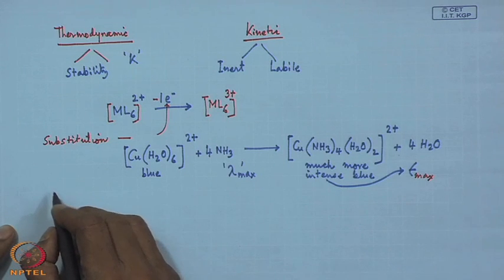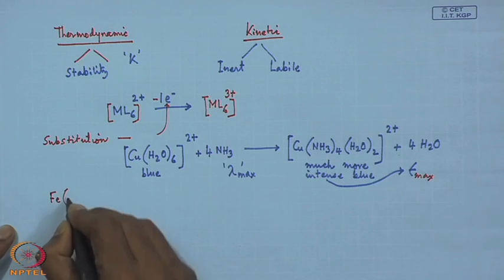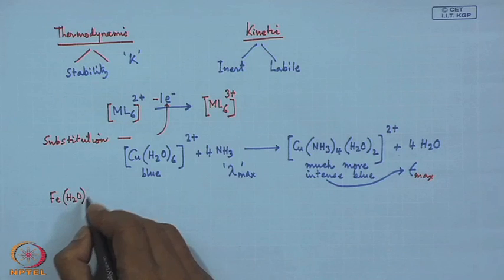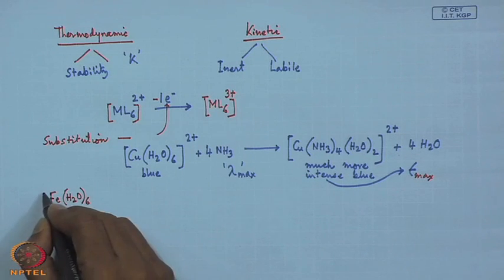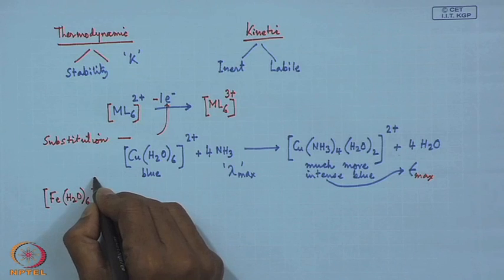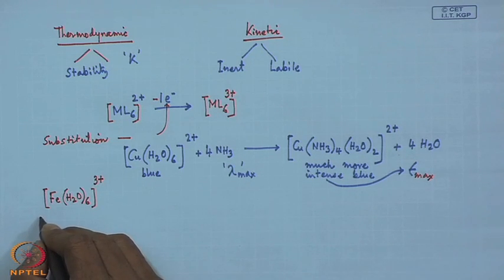Similarly, there is another color changing characteristic reaction which immediately shows us the ligand substitution reaction for water molecules occupying the octahedral positions around iron in the ferric state, and it has a pale violet color.